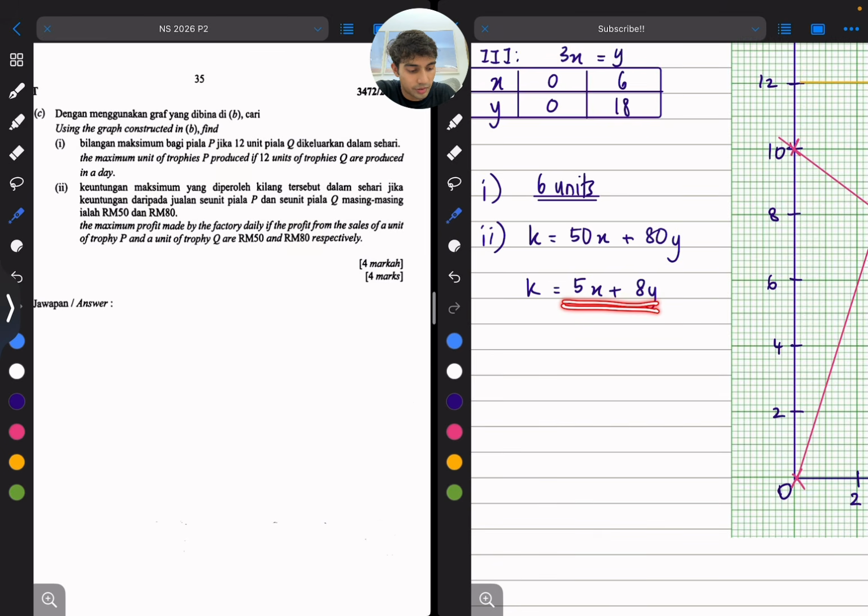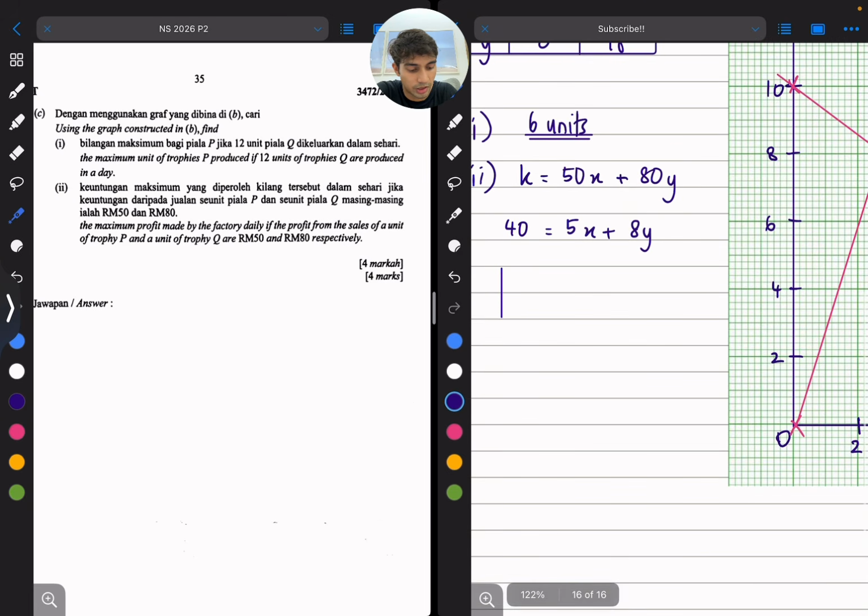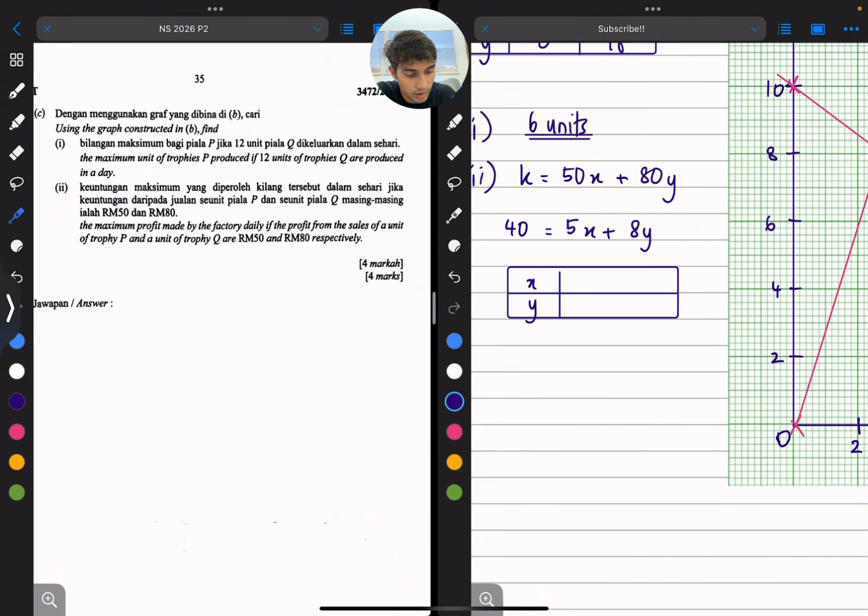To make our life easier to draw this line, for k I like to use 5 times 8, which is 40, so I'll just put 40 here. To draw this line, you need the same table again, your x and y. When x is 0, y will be 40 divided by 8, which is 5.